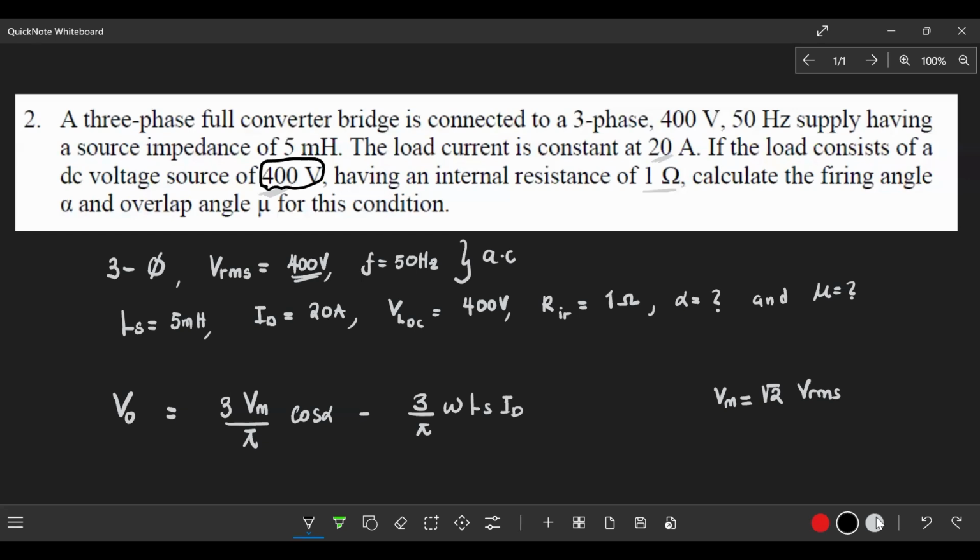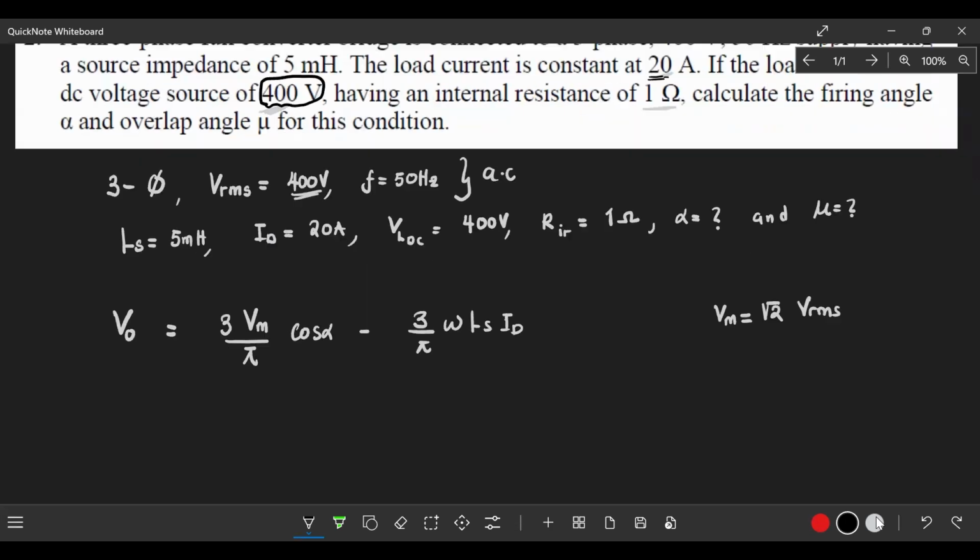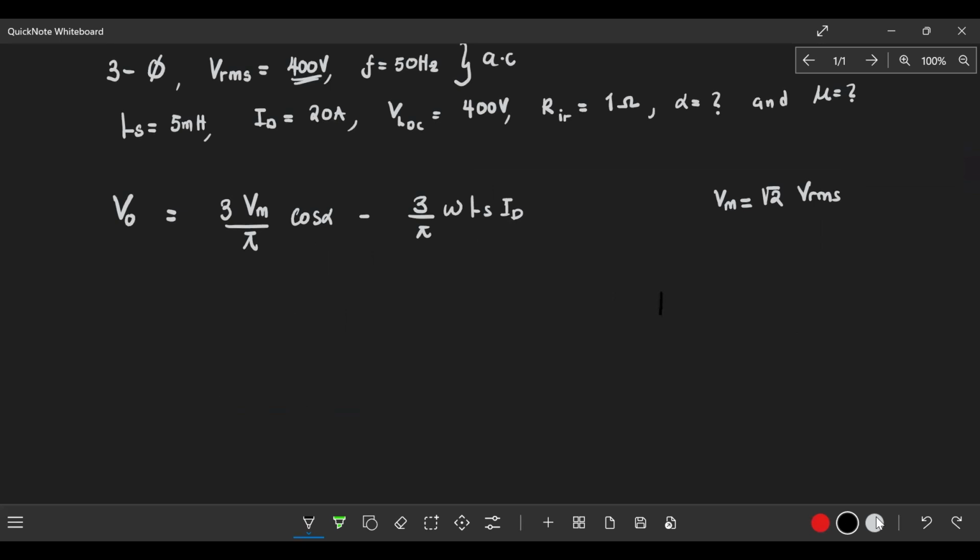So how can you calculate the total output voltage? It is 400 volts plus 1 ohm times the current through the resistor, which is 20 amps, because that's the current passing through the output. This is a load, so you have a resistor there, and it can be represented by a battery of 400 volts with an internal resistance of 1 ohm, connected to the three-phase source.